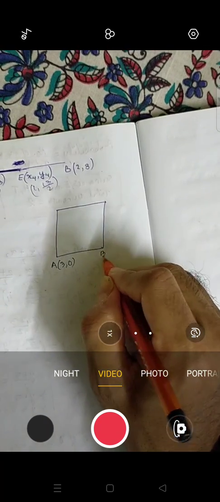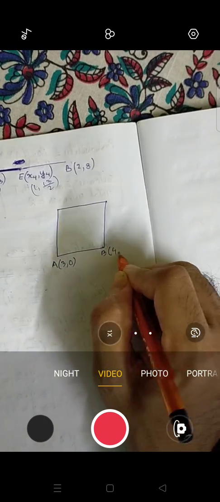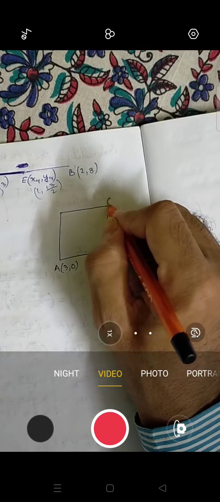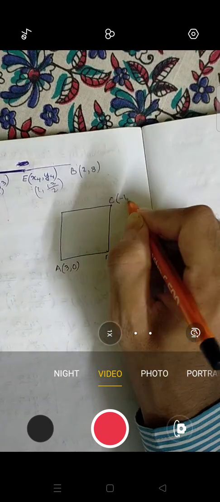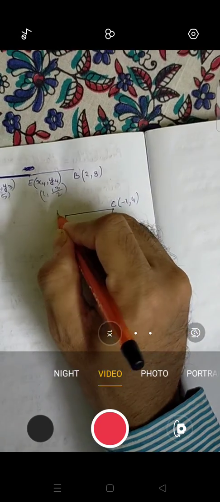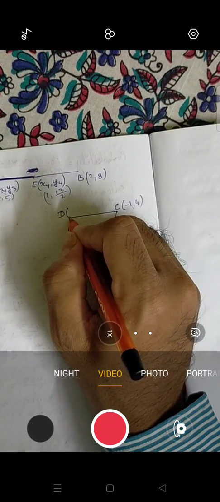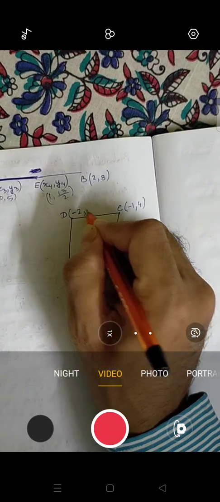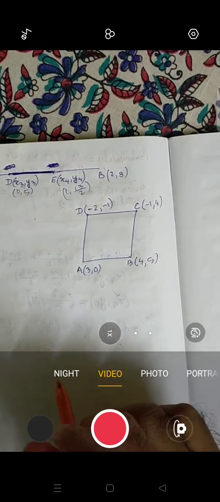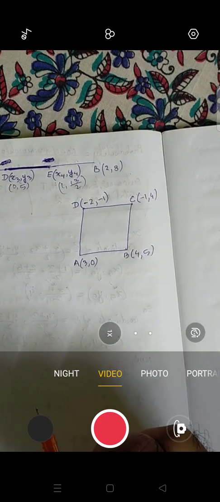B is 4 comma 5. C is minus 1 comma 4 and this is D, and D is minus 2 comma minus 1. So these are the coordinates, the vertices of a rhombus.